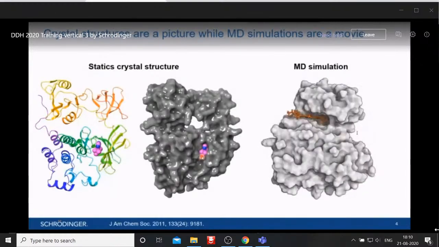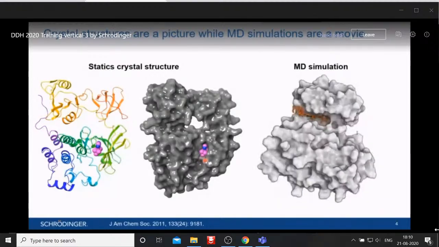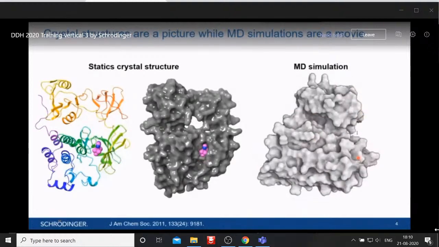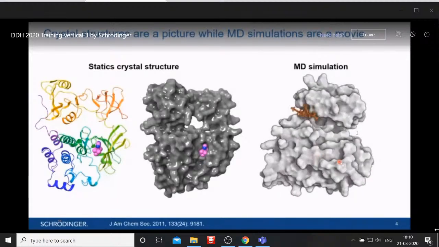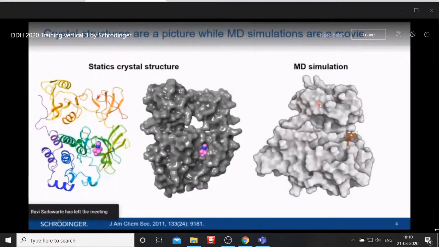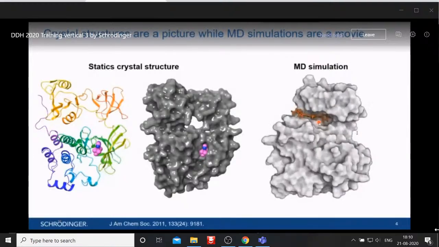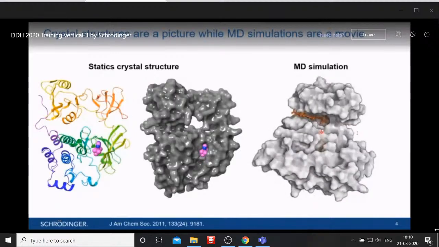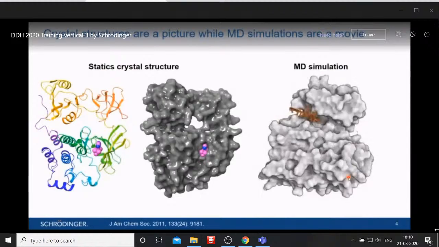On the left-hand side you can see the image of a static crystal structure, which looks very pretty in ribbon view as well as surface view, with the ligand perfectly fitted inside it. But again, this is a static structure, whereas inside your body everything is flexible. On the right-hand side you can see a protein that is very flexible in nature. This mimics the biological environment, and you can see the ligand self-exploring the various pockets where it could fit.